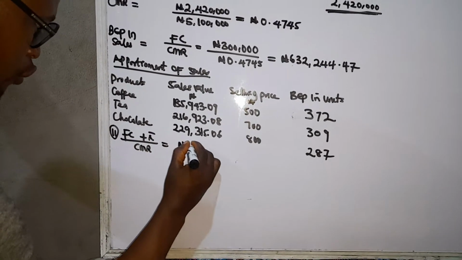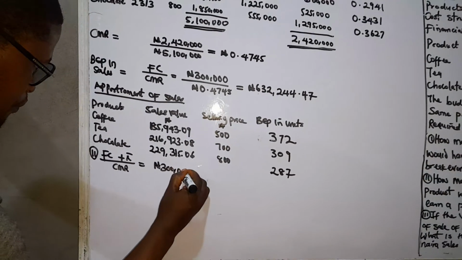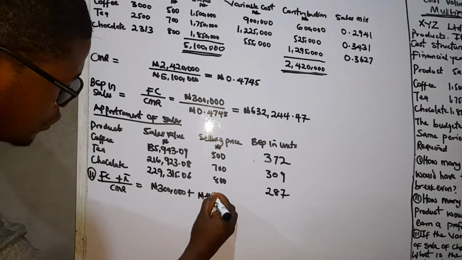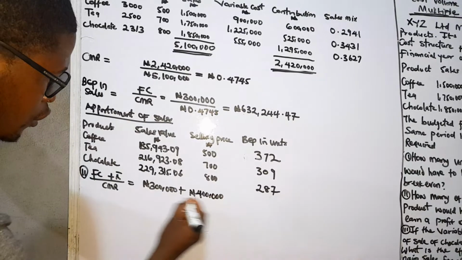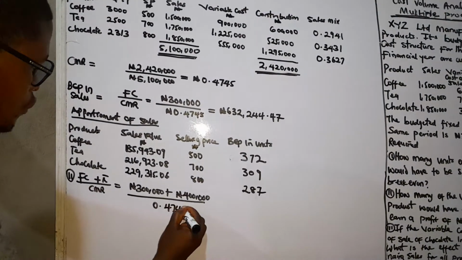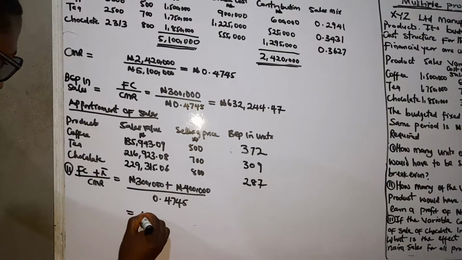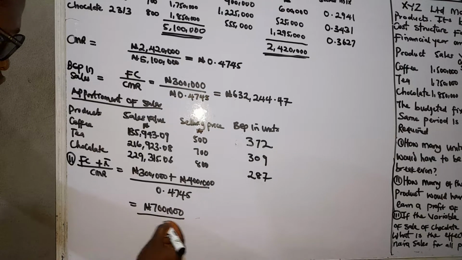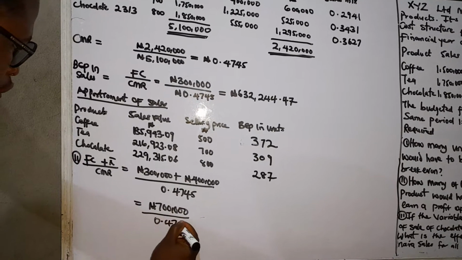So our fixed cost will remain 300,000 plus that targeted profit of how much? 400,000. So divided by 0.4745. So this will now give us 700,000 divided by 0.4745.